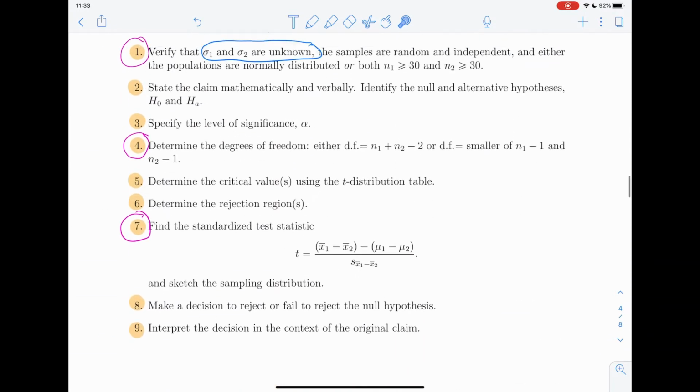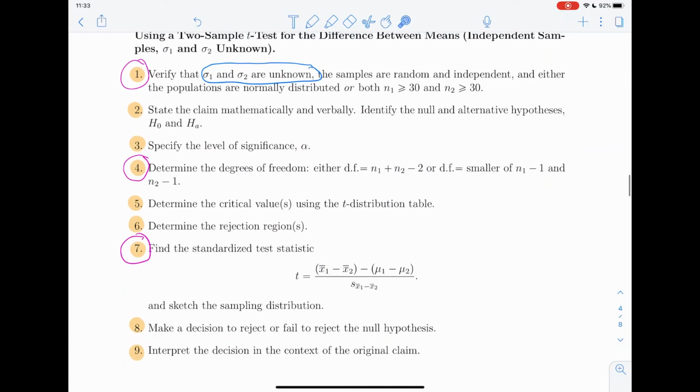That is, in context of this 9-step process, we have figured out up to step 6. Our next step is to figure out what this t-value is. But remember that this t-value is dependent on its denominator, the standard error, and that standard error, the formula for that changes depending on how our variance is compared.